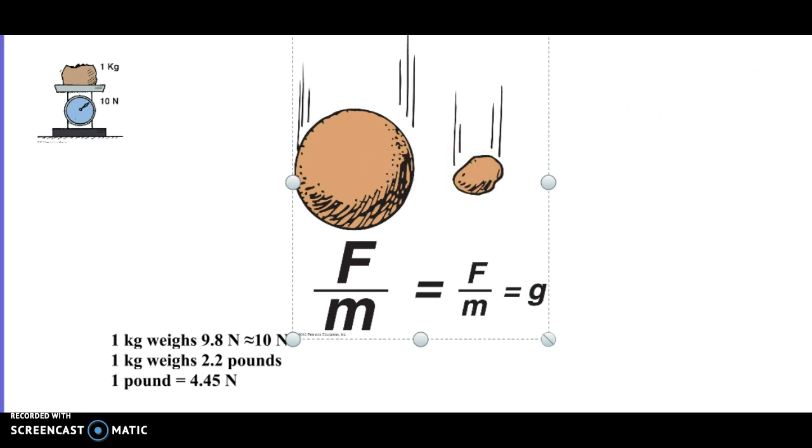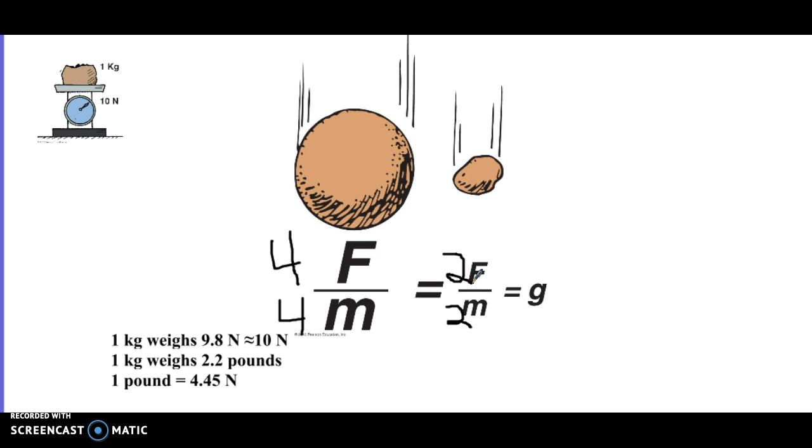So, for example, say this rock had a mass of, let's just say, 4 kilograms, and this one over here only had a mass of 2 kilograms. But the force, or the weight, would be 4 also, and the weight of this one, let's just say, would be 2 also.